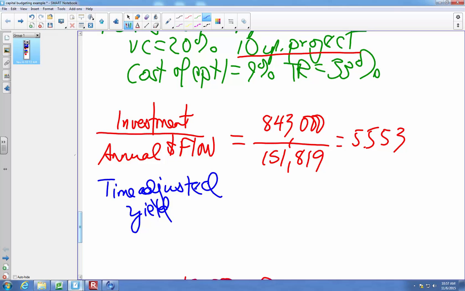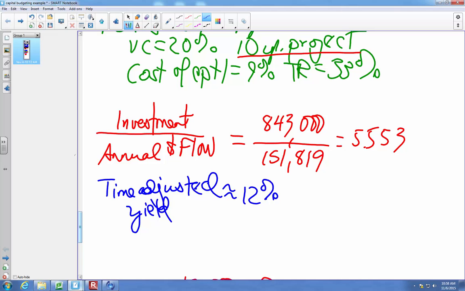I think it's closer to 13. Oh, no, I'm sorry, you're right. It's closer to 12%. So we could say the time-adjusted yield on this project is about 12%.